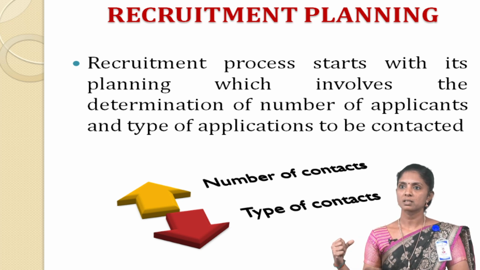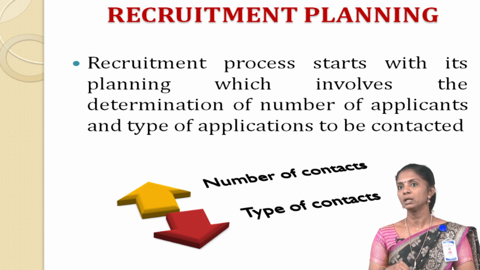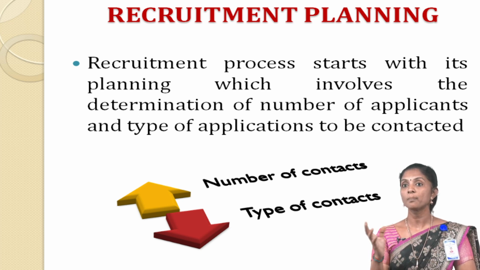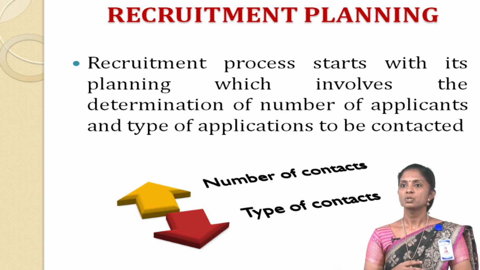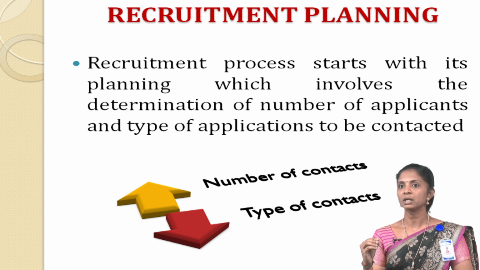Type of contacts: this refers to the type of personnel to be informed about the job opening based on the job description and job specification. These determine how the prospective personnel may be communicated about the job opening.